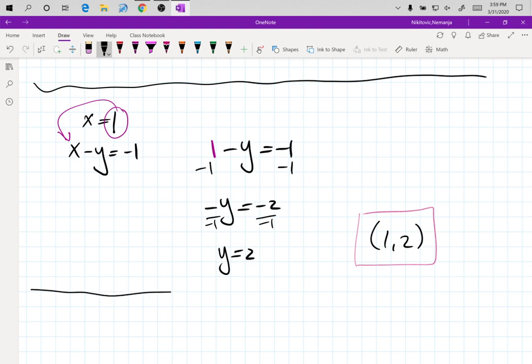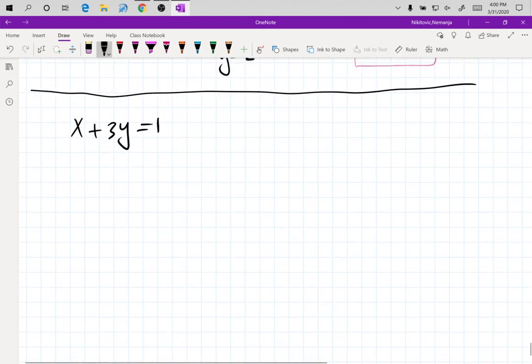Now let's take a look at a spicier case. So let's see what we can find. How about x plus 3y equals 1, and negative 2x plus 2y is equal to 6.